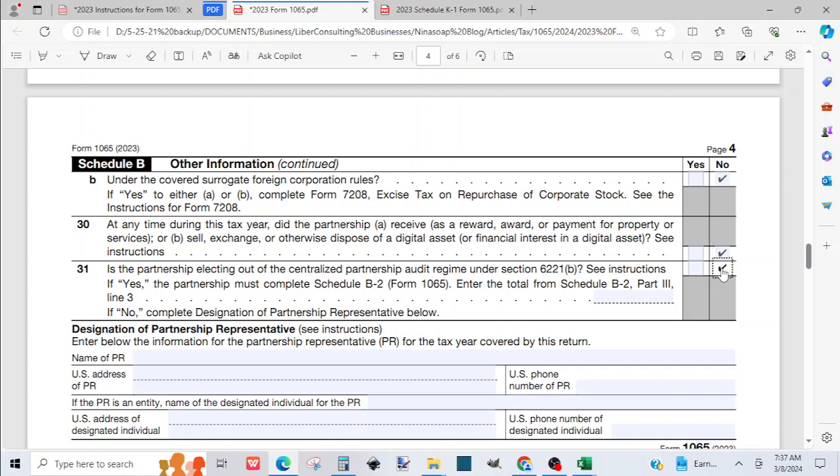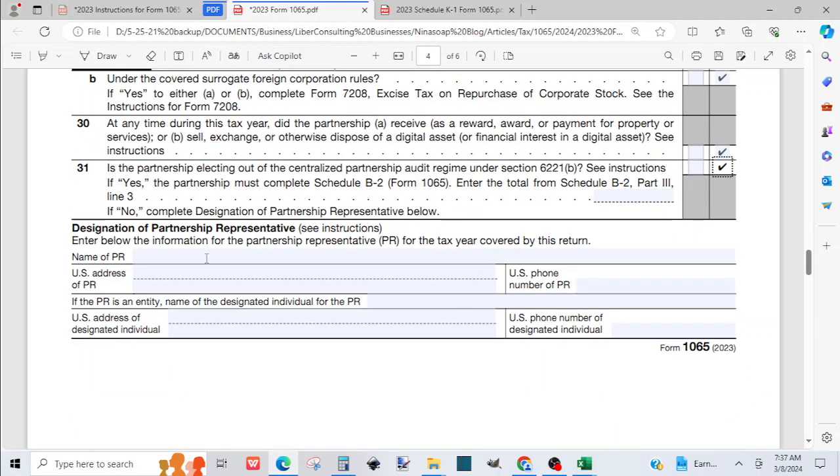If yes, the partnership must complete Schedule B2, Form 1065. If no, complete the designation section at the bottom. And so here you'll put your name, your address, and your phone number.